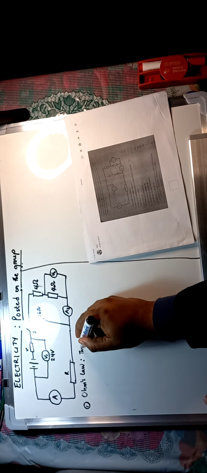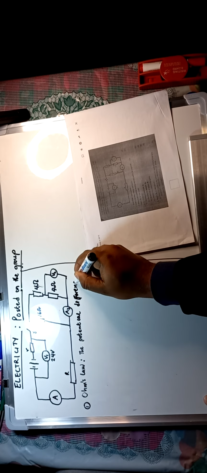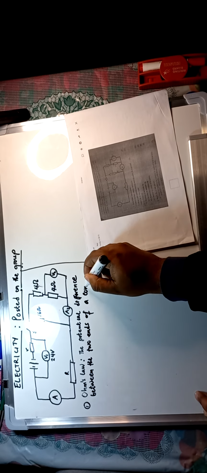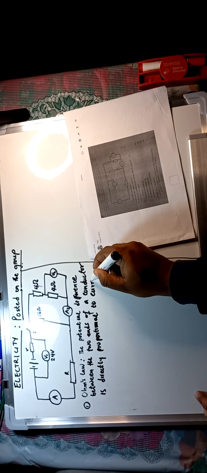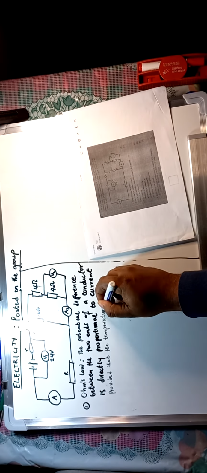So we say that the potential difference between the two ends of a conductor is directly proportional to the current, provided that the temperature is constant.